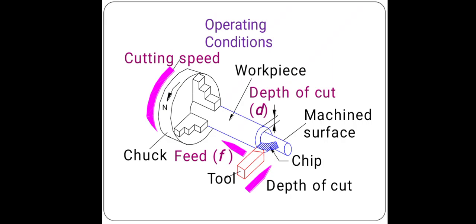This is a simple step by step metal removing process. These are the basic types of lathe and how the material removal is done, as discussed. Thank you.